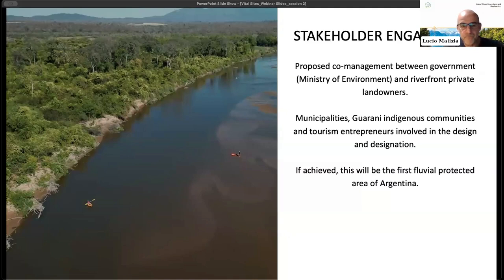So we went through a couple of meetings with different municipalities that share the riverfront of the San Francisco River, and to talk with them, to provide them with information about the situation of the river, their view of the river, and trying to engage them. There are 7 municipalities involved, and 3 of them have been very involved.